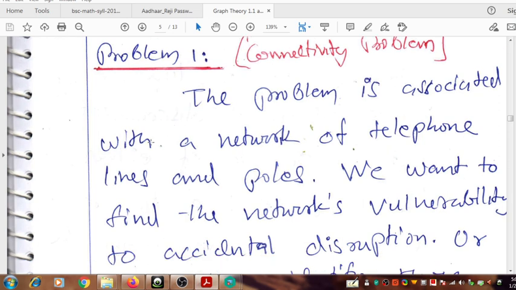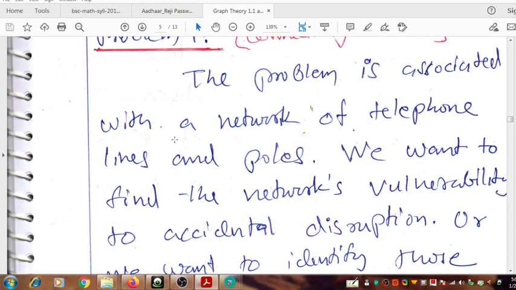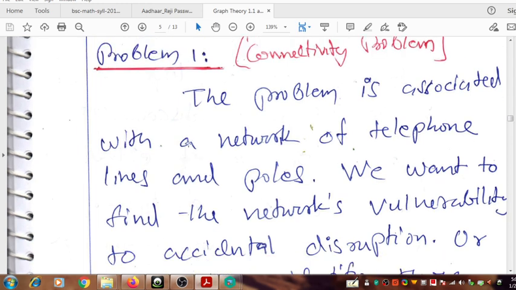This problem is associated with a network of telephone lines and poles. This is the background of this first sentence. It tells us about the background of the problem. This problem is associated with a network of telephone lines and poles. We want to find the network's vulnerability.